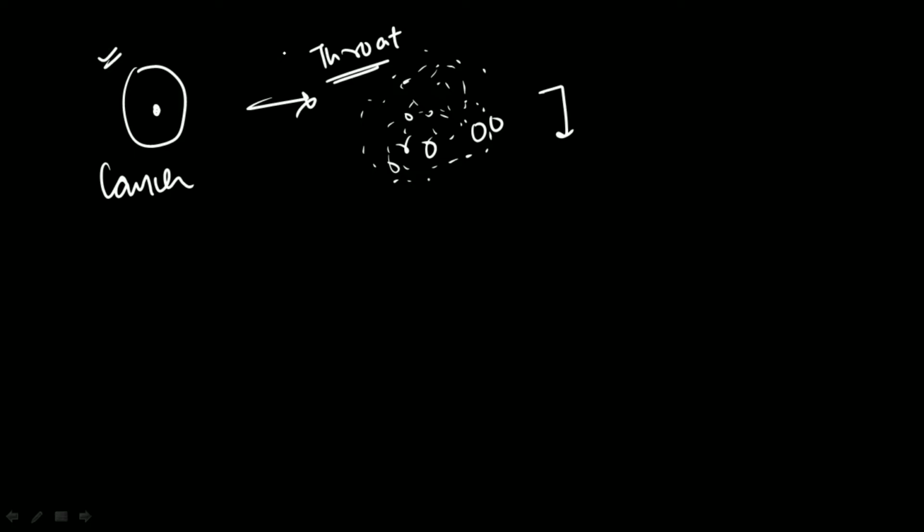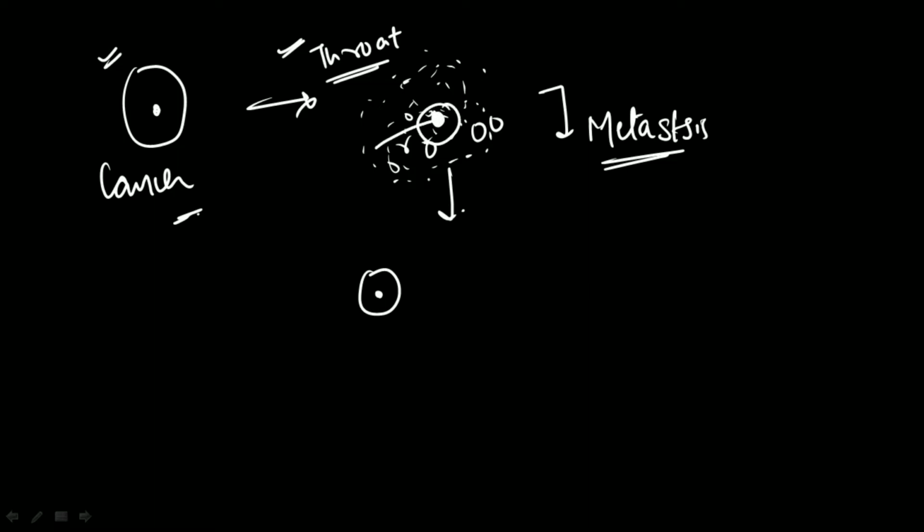Consider that this particular organism had cancer originating in the throat area. Now these cancerous or malignant cells possess a property of metastasis. And what is metastasis? Metastasis means that a cell from this particular location detaches from this area and goes to a new location and causes cancer there.